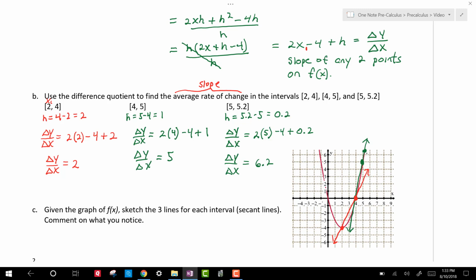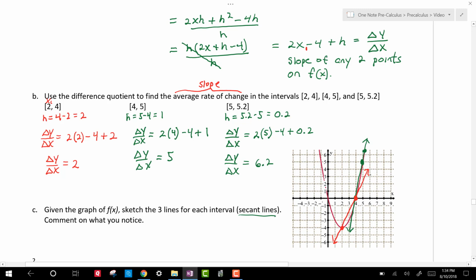Okay, and if we were to plot these secant lines, what's happening as we go here? The slopes of each of these secant lines are getting steeper and steeper as we move up the parabola. When we talk about a secant line, we're talking about a line that intersects a curve at 2 points.